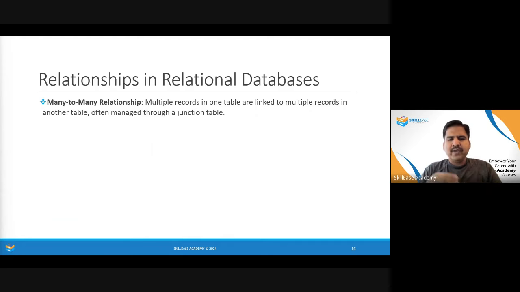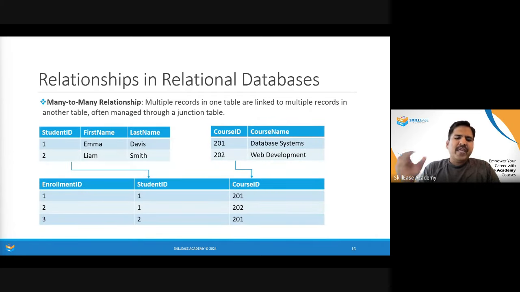So how can you achieve this kind of relationship? If we have a primary key and foreign key, in either way, it can only support one-to-many or many-to-one, right? So, in order to overcome this challenge, what we can do is derive a third table.